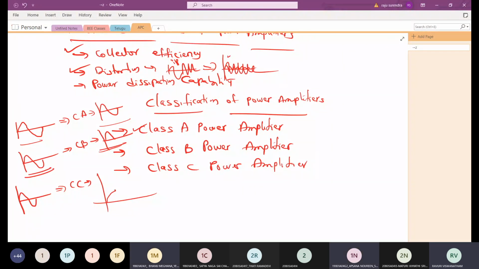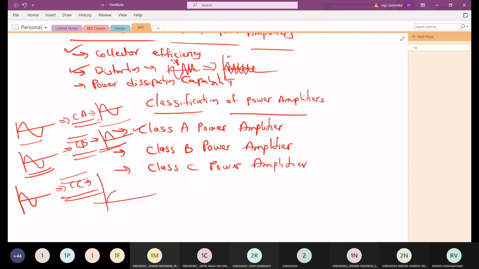Class C, sir. Yes, class C power amplifiers have high distortion compared with class B, and class B has high distortion compared to class A. So now you understood why performance quantities are important to obtain more output power.